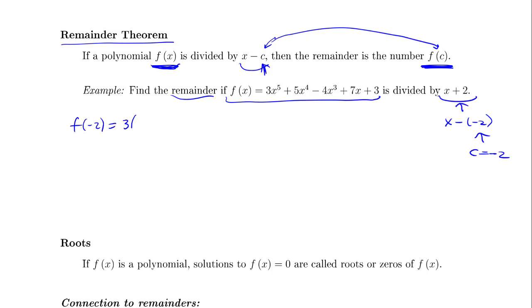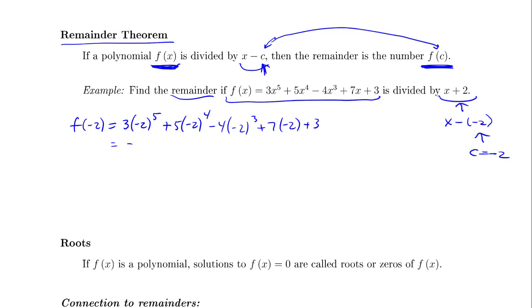Well, that would be 3 times negative 2 to the 5th plus 5 times negative 2 to the 4th minus 4 times negative 2 to the 3rd plus 7 times negative 2 plus 3.